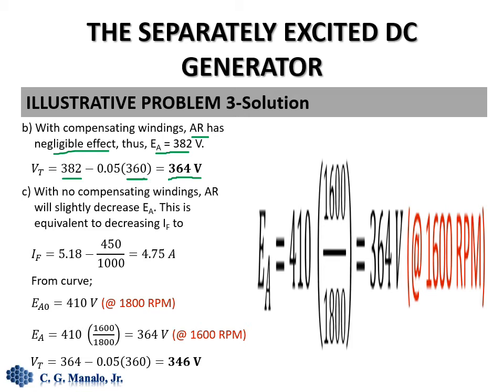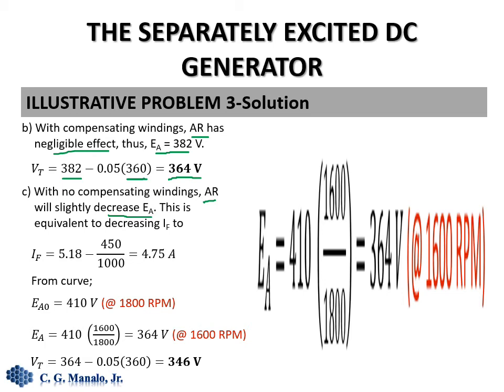For letter C, now we assume that we don't have compensating windings. So the effect of armature reaction will kick in and will slightly degrade our internally generated voltage.